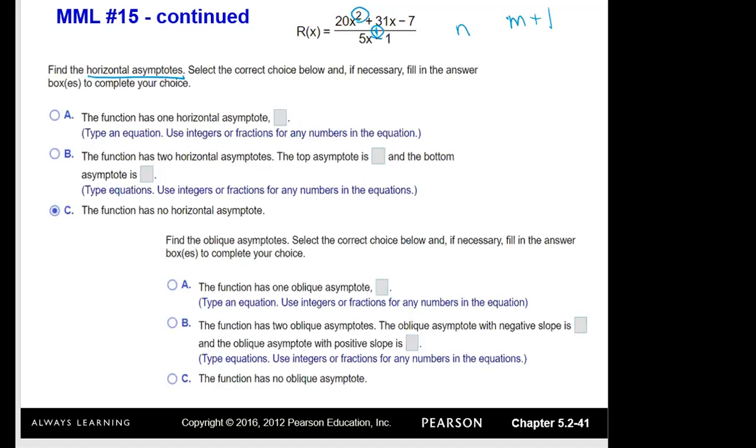If n is equal to m plus 1, which it is, then you're going to have an oblique. I had accidentally already clicked on this, so there it is. There will be no horizontal. It will be oblique.